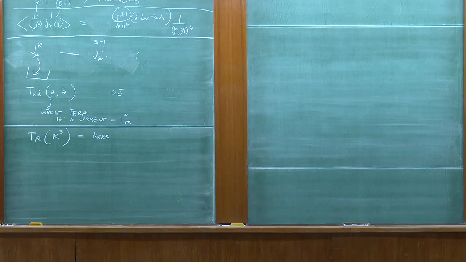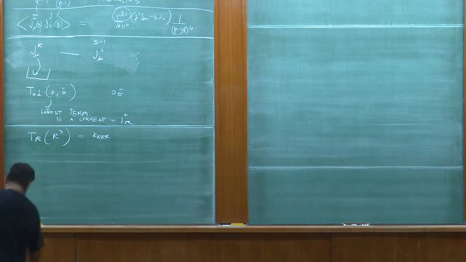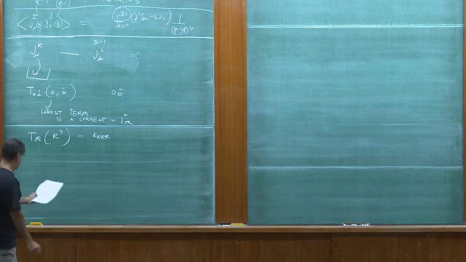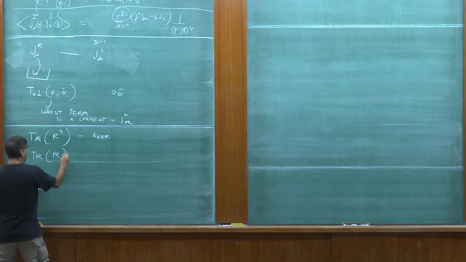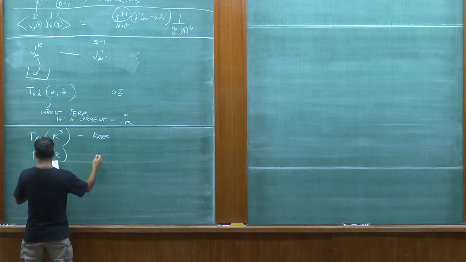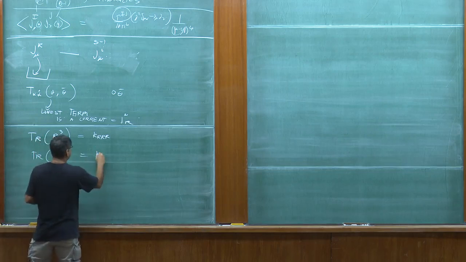The anomaly coefficient for J mu R with background fields which are F R. Okay? Let us suppose that whatever this was, KRR, this anomaly coefficient. Now, let's suppose that trace R is defined by KR.